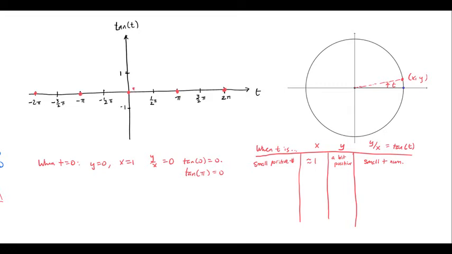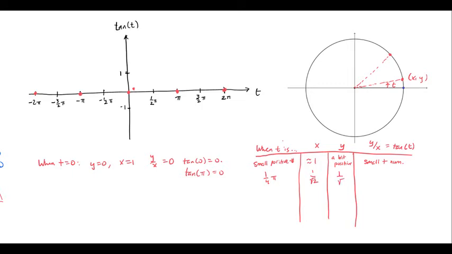All right, what about if I go halfway to the vertical axis? So I go to this point right here. So in this case, remember, a half rotation is pi, and then this quadrant of the circle, that's half of pi. So this is going to be 1/2 of 1/2 pi. That's pi over 4. So when t is pi over 4, or 1/4 of pi, x and y are the same thing. They're actually 1 over the square root of 2.